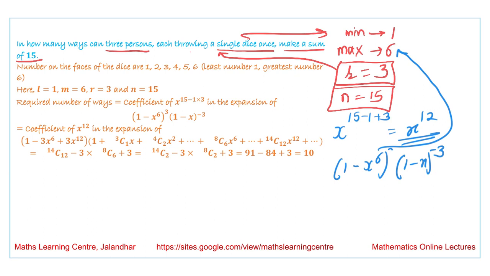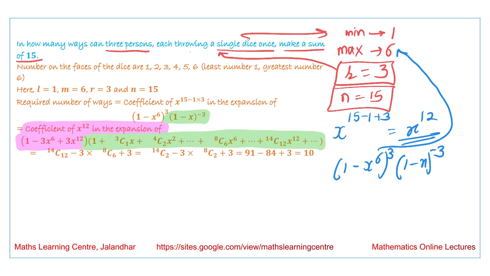We have power 3 over here, the value of R. So when we solve this, this is the coefficient of x raised to the power 12 in the expansion of (1 minus x raised to the power 6) whole raised to the power 3, and the second term is (1 minus x) raised to the power minus 3. We have the terms in this form.